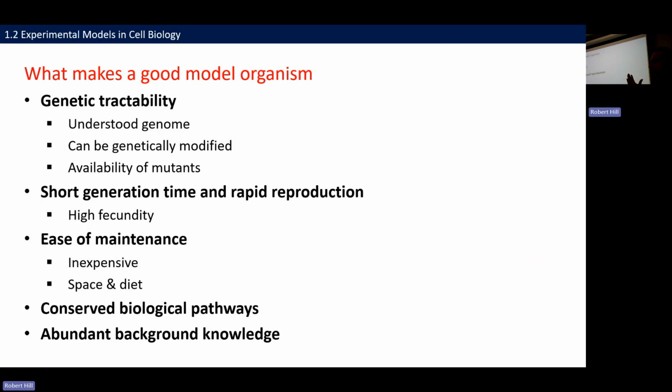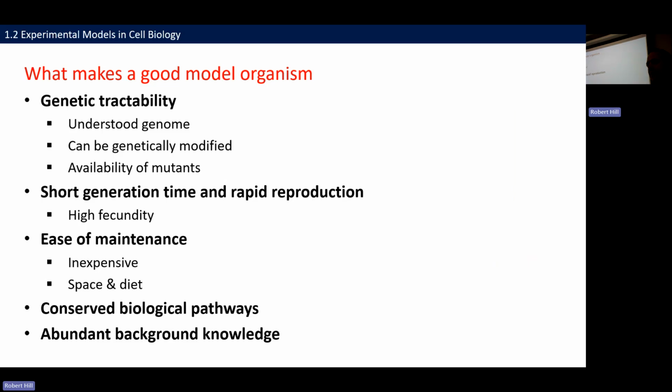The ability to genetically modify the organism is very important to make genetic mutants, and also to have mutants available that have already been established and characterized by other scientists. C. elegans is a great example of that. It has a very close-knit scientific community of individuals that have banked different strains of worms that they share, at a very low cost between each other.